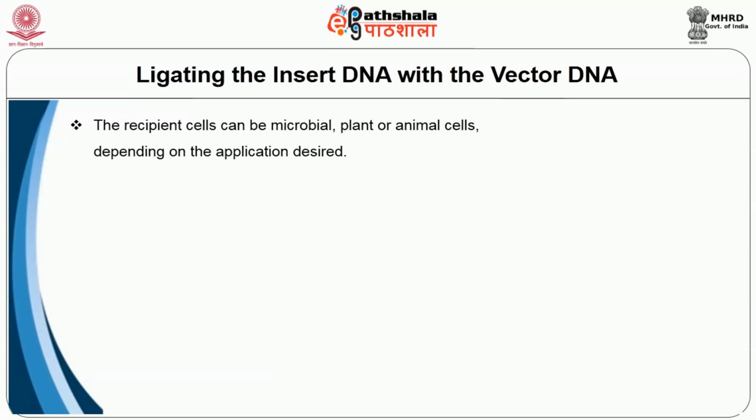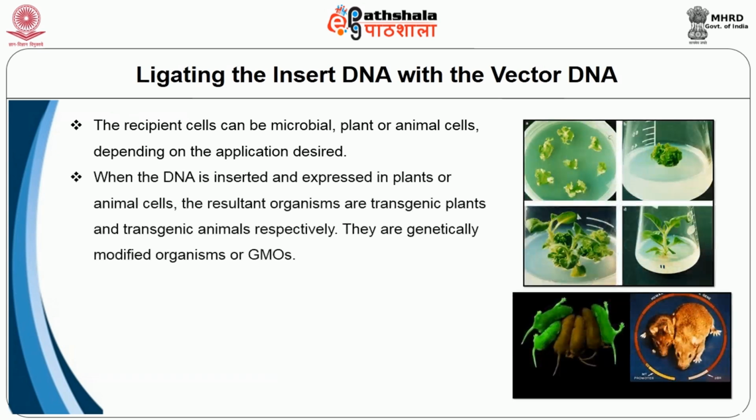The recipient cells of the recombinant DNA or rDNA can be microbial, plant or animal cells depending on the application desired. When the rDNA is inserted and expressed in plant or animal cells, the resultant organisms are transgenic plants and transgenic animals respectively. They are the genetically modified organisms or GMOs.